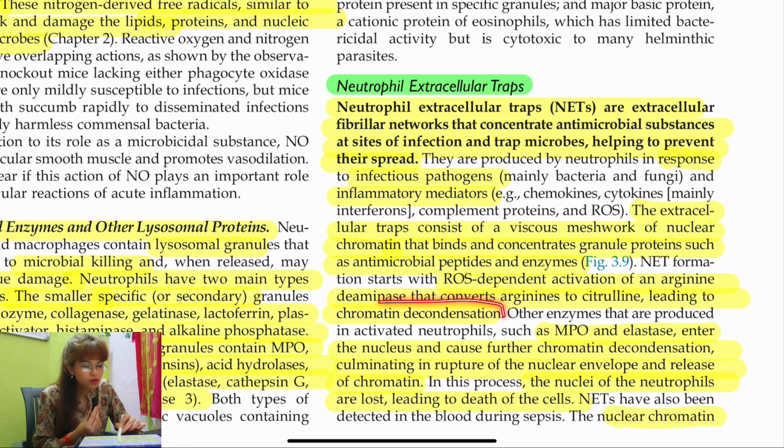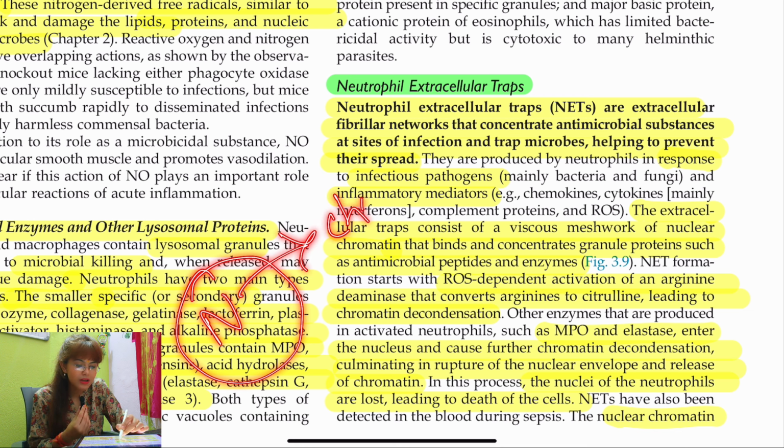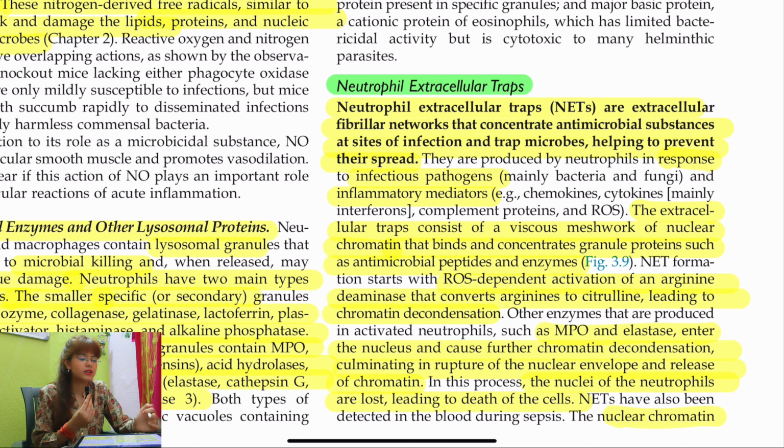Okay, once there is chromatin decondensation, there's also further action of other molecules like myeloperoxidase and elastase, which enter the nucleus and cause further chromatin decondensation of the neutrophils, ultimately culminating in the rupture of the nuclear envelope and release of the chromatin. So basically, from the neutrophil, the chromatin is now being released into the extracellular space. This is the entire mechanism of how these cells are getting broken down and how this chromatin is getting released into the extracellular space.